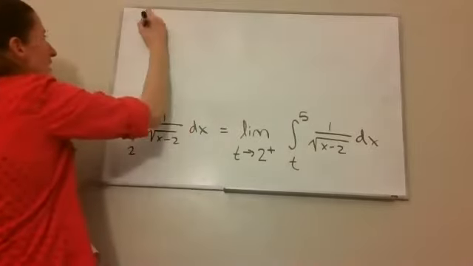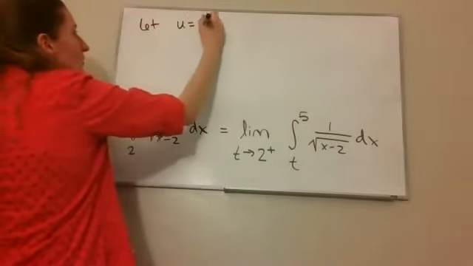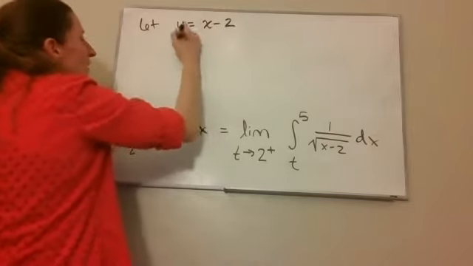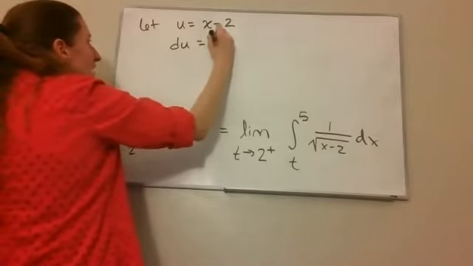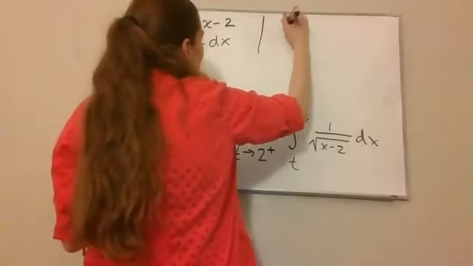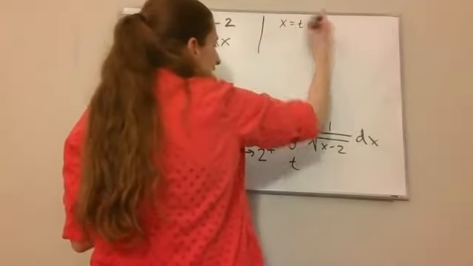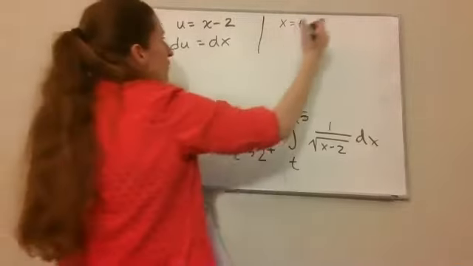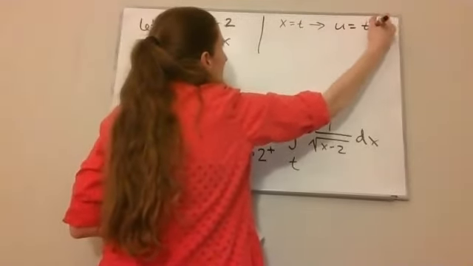Well, we're going to have to do a little mini u substitution. If I let u equal x minus 2, well then du will be dx. Changing my bounds of integration, when x is t, well, that means that u is going to be t minus 2.